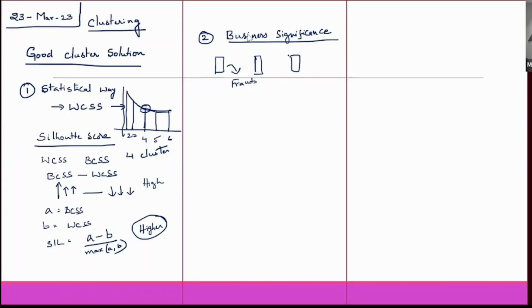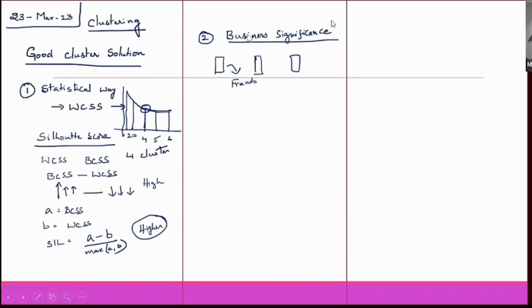Frauds was not used to create the clusters, but once the clusters are created, we can look at such variables and see how each of them has fared for each of the clusters. If we observe a clear-cut segregation across the clusters for this particular variable, you will see that this cluster solution is a better solution compared to the other solution.